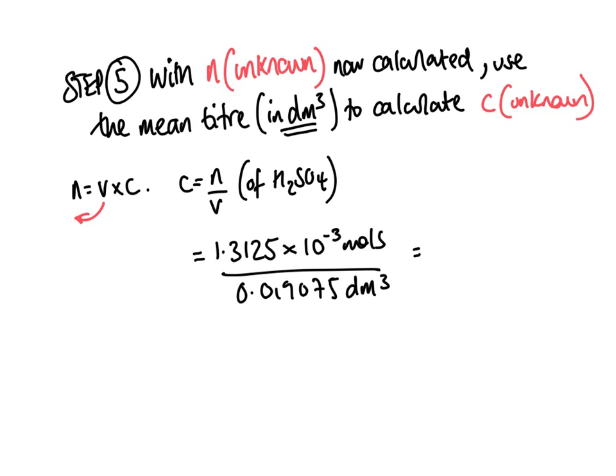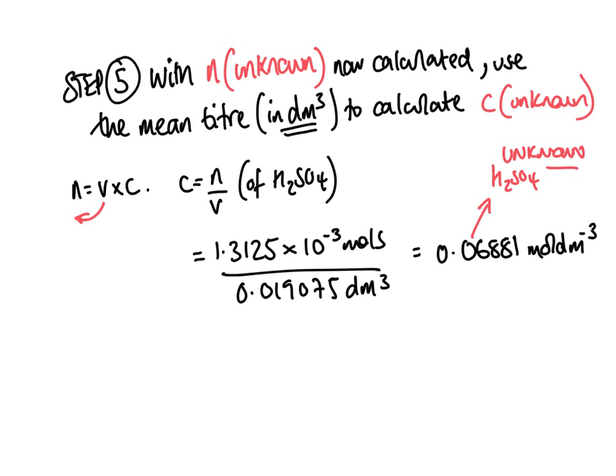If you just do the division there, that gives you the answer of 0.06881 mole dm minus 3, which is the concentration units. So that is the answer for working out the concentration of H2SO4, our unknown.